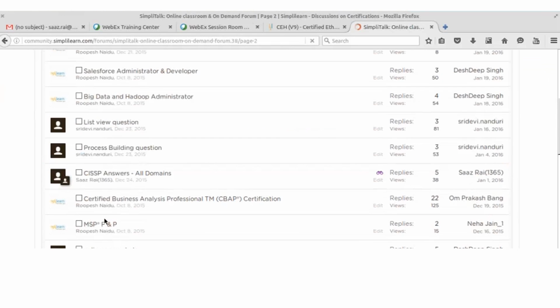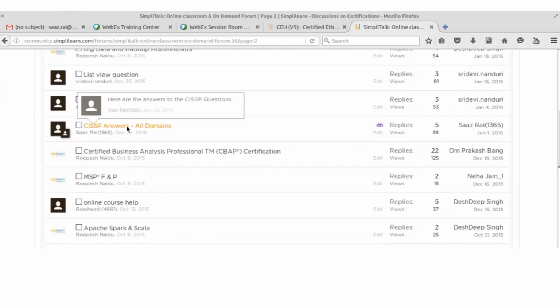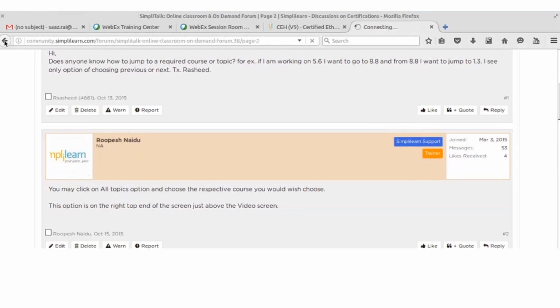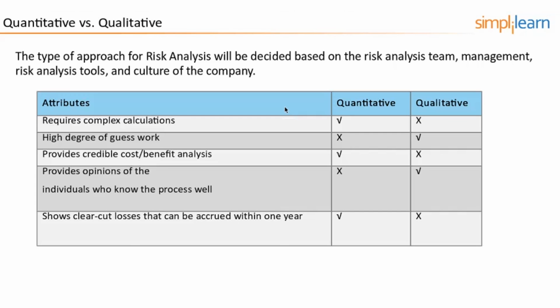The answers are also here, in the answers for all domains, and you can go through this and try to match your answers. Okay, so this is your Simplilearn forum. Now we'll stop here for the day. This is slide number 72, and we'll continue from here tomorrow.